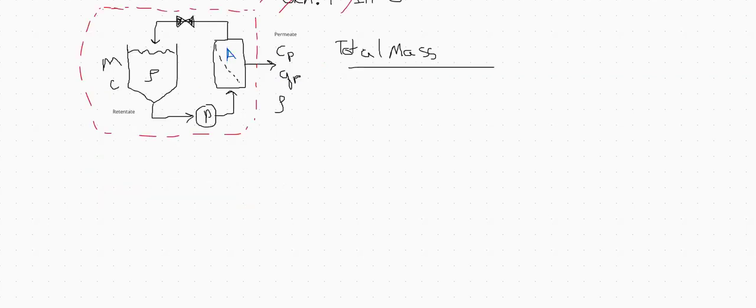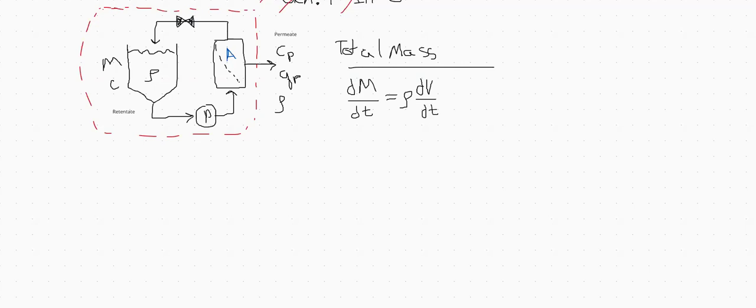And this we can write as the amount of mass in the system, dm/dt, over time. It changes with time. That's going to be equal to the density of the solution times the change in volume over time.